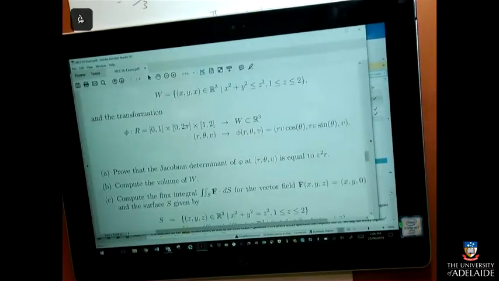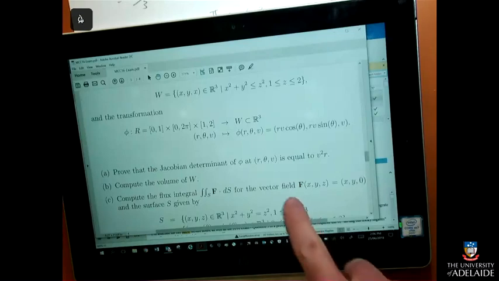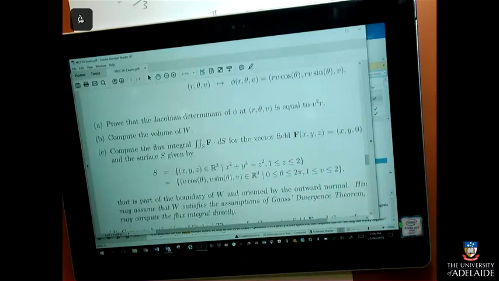Compute the flux integral, the double integral over S of bold capital F dot dS for the vector field F of xyz is xy0. And the surface given by that. What?